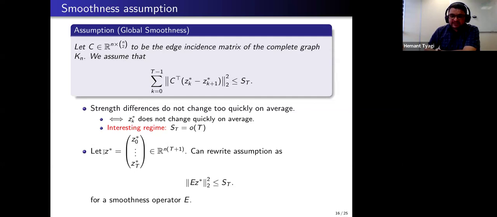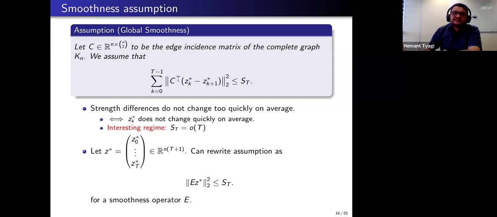So the goal would be to estimate jointly all these strength vectors. Let's denote them by Z star, by stacking them column-wise to get this huge vector Z_0 star through Z_T star. My goal is to estimate Z star, and I'll show this in the L2 norm, which essentially means jointly recovering all these latent strengths.